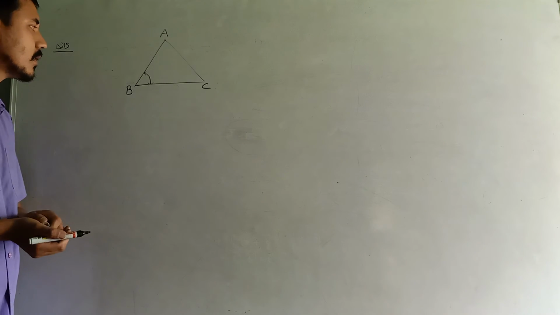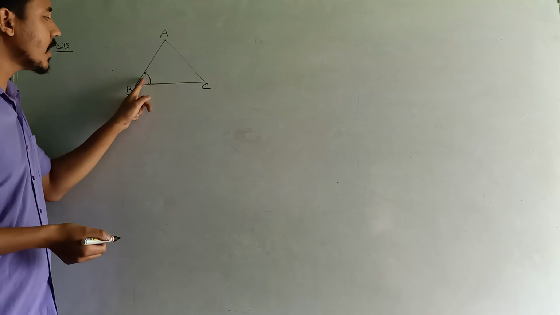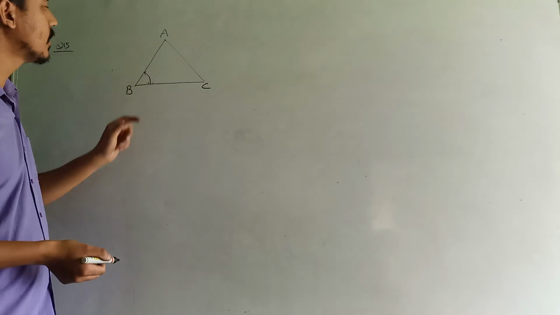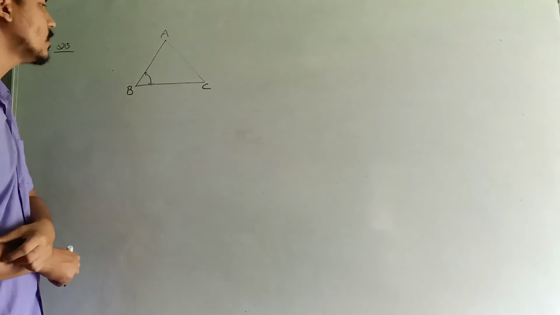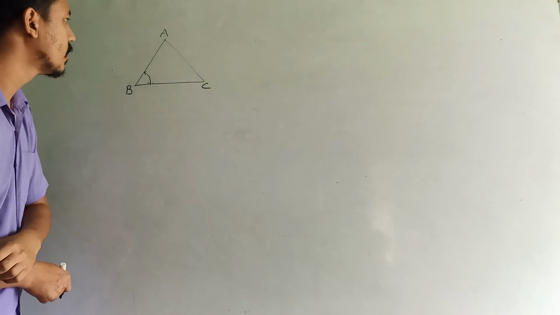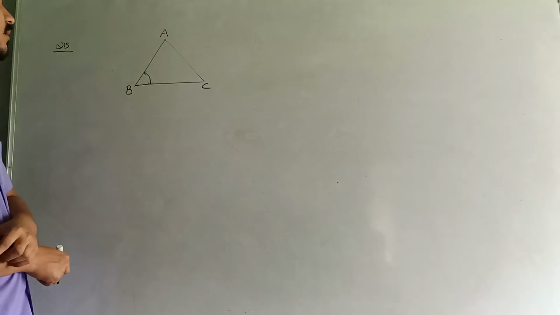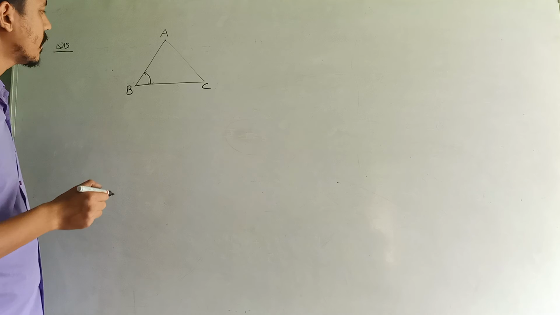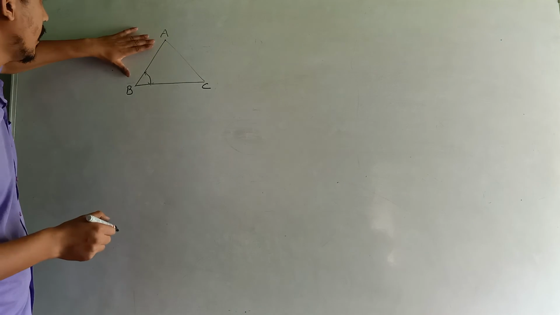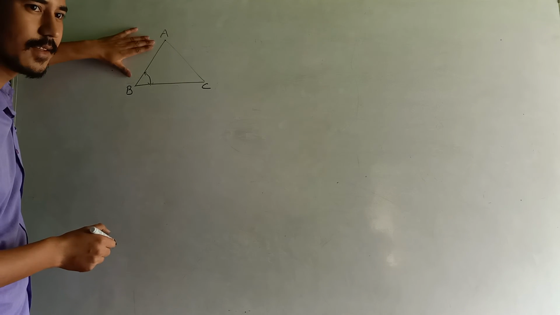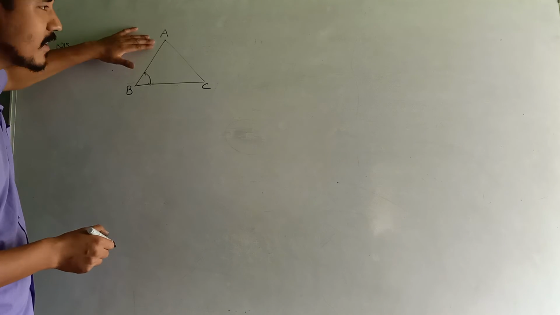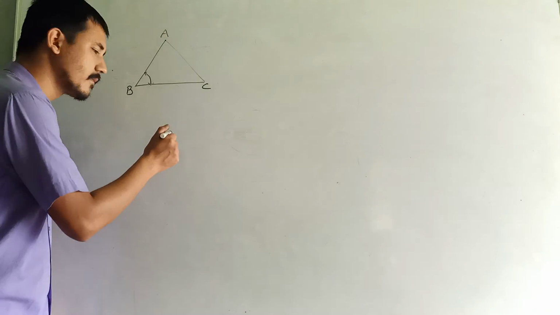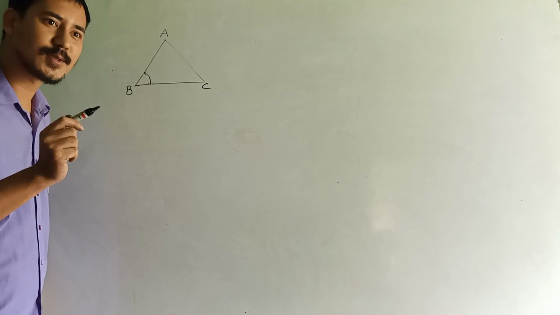Now see. This angle ABC is the angle between which two vectors? AB or BA? No, it cannot be both. Angle is measured from tail to tail. Only two vectors are joined tail to tail.